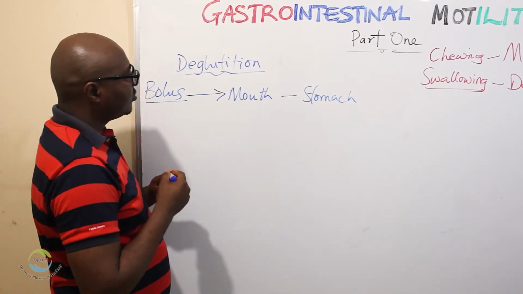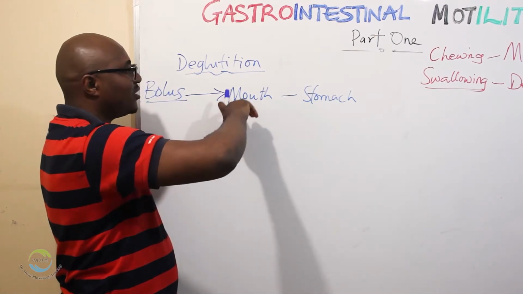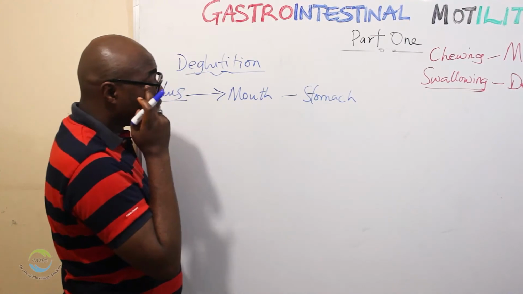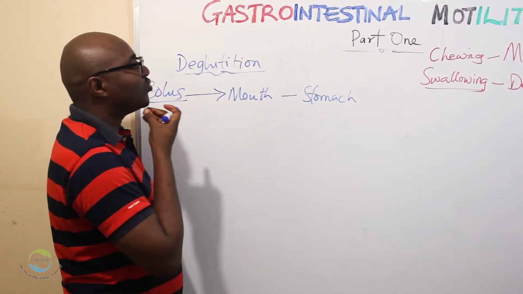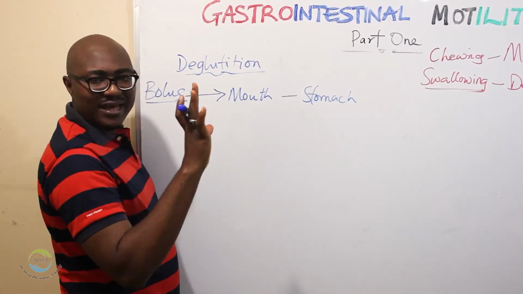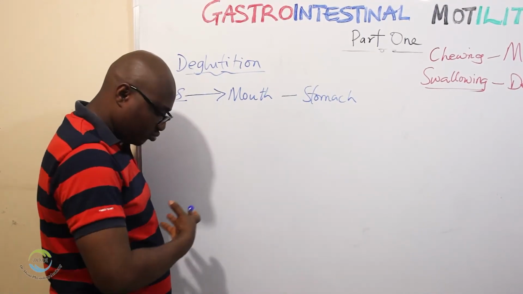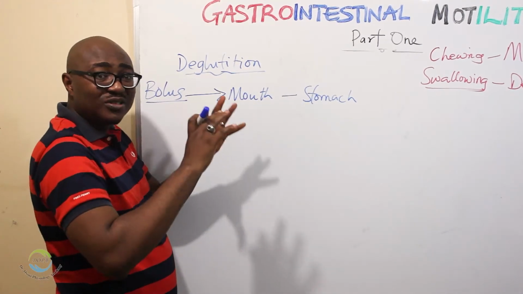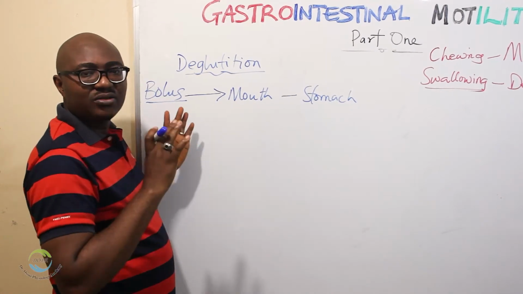No. From a physiological point of view, it is the movement of bolus of food from the mouth to the stomach. And I'll tell you why. So don't get confused that, oh, when you swallow, once it passes your throat, you have swallowed. That is layman knowledge. It's from the mouth to the stomach. That's deglutition. Deglutition is complete when the food has entered the stomach.